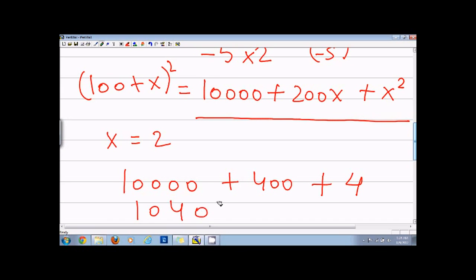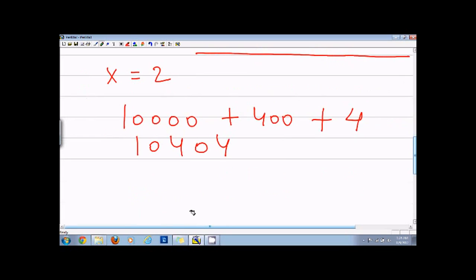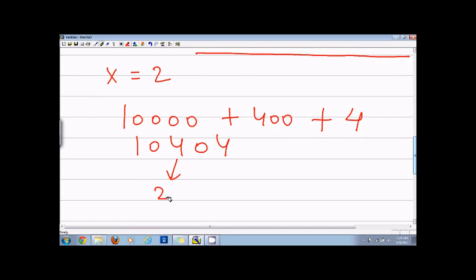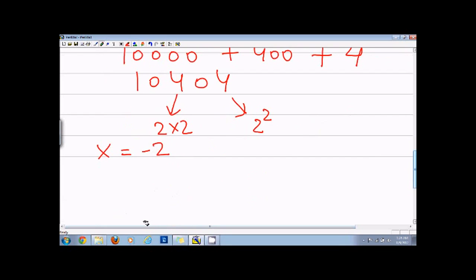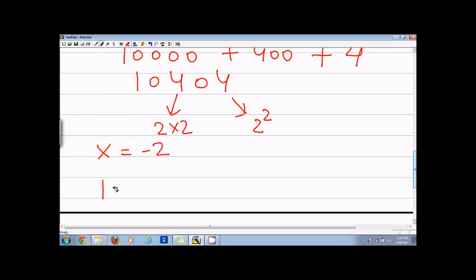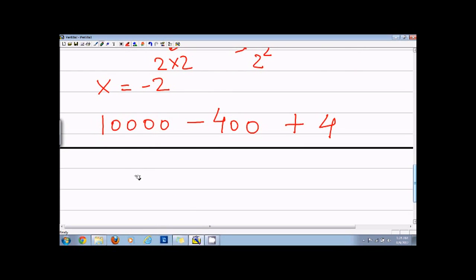So 4 is equal to 2 into 2 and this other 4 is equal to 2 square, the same way I told you the trick. Similarly, if x is equal to minus 2, in this case it will be 10000 minus 400 plus 4, so that will be equal to 9604.